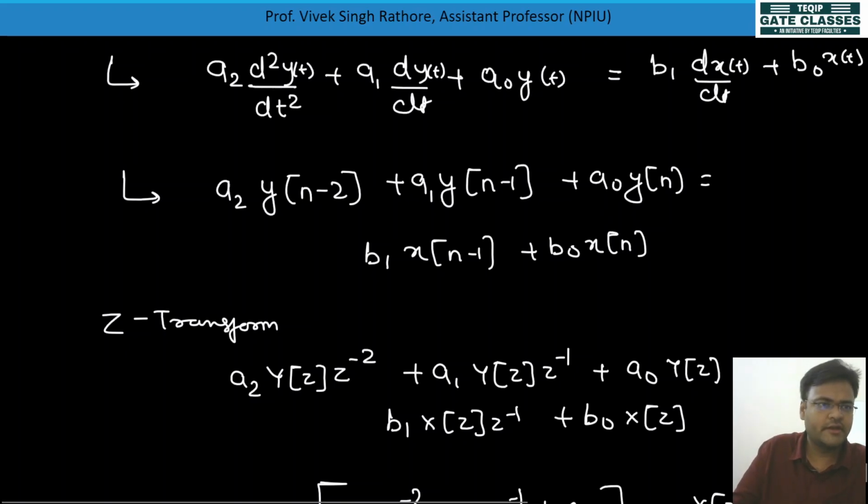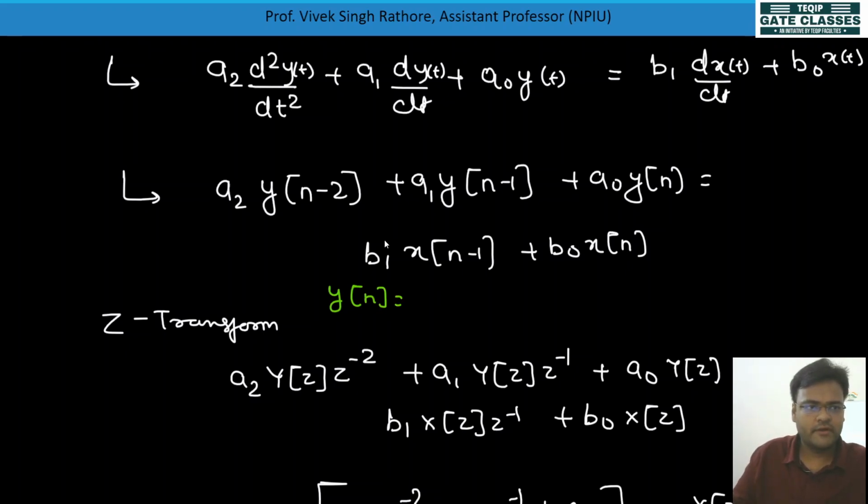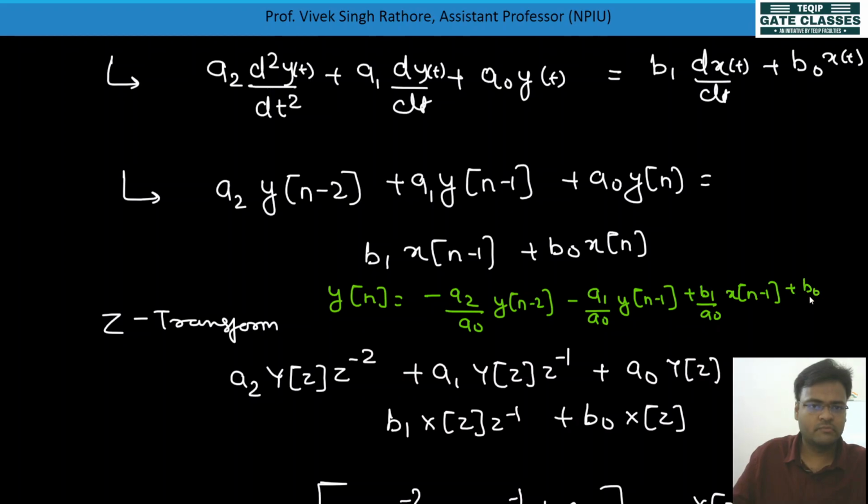So here also we can take, see, with green pen I will write, if you need only y of n, obviously all these terms will go to the right hand side, so I can write minus a2 by a naught, y of n minus 2 will be there, plus minus a1 by a naught, y of n minus 1 will be there, and plus b1 by a naught, x of n minus 1 will be there, plus b naught by a naught, x of n will be there.